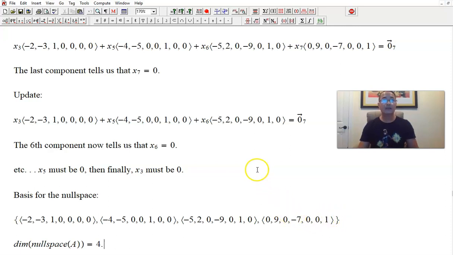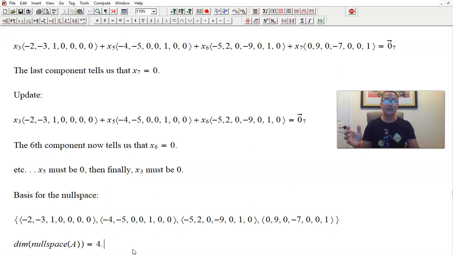But look, the original matrix had 7 columns. The row space and the column space are 3-dimensional. The null space is 4-dimensional. What's the relationship? 3 and 4 add up to 7.